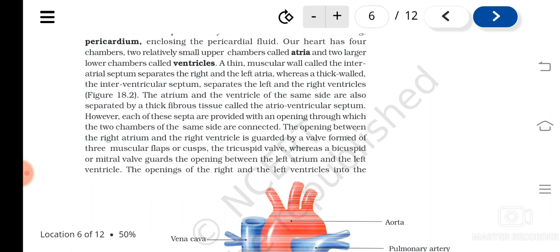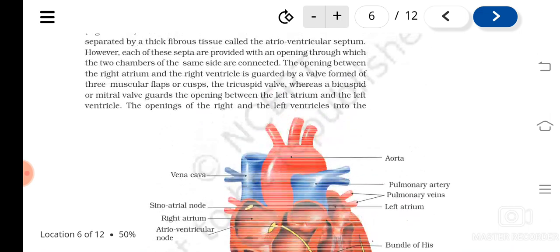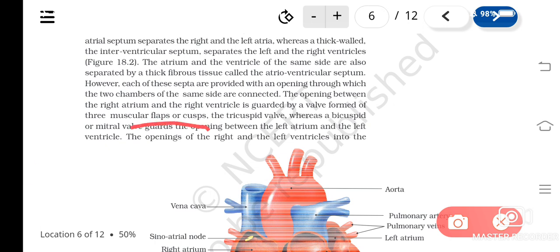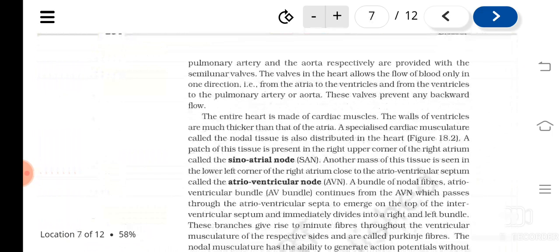The opening between the right atrium and the right ventricle is guarded by a three-flapped valve, that is known as the tricuspid valve. The bicuspid or mitral valve is in between the left atrium and left ventricle.